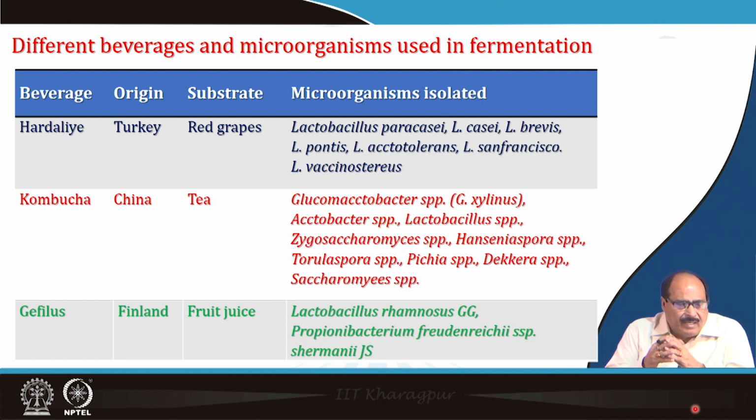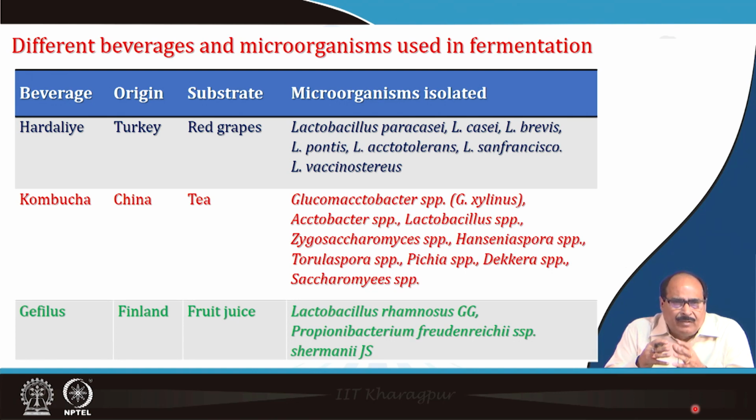For example, Shalgam is a beverage which originated in Turkey, and its substrate is red grapes, and the various microorganisms isolated are from the Lactobacillus group, like Lactobacillus paracasei, L. brevis, and so on. Similarly, kombucha has its origin in China, and the substrate is tea, and the various microorganisms there are Acetobacter, Lactobacillus, Saccharomyces species, and so on.